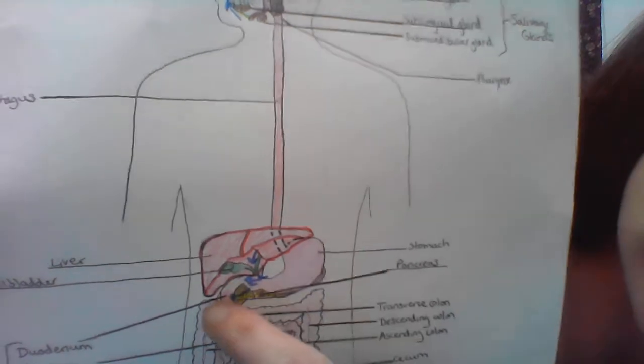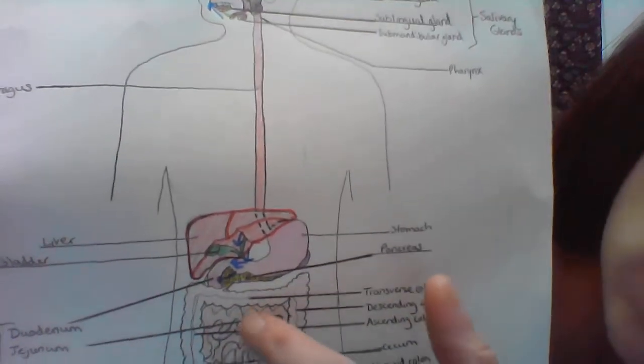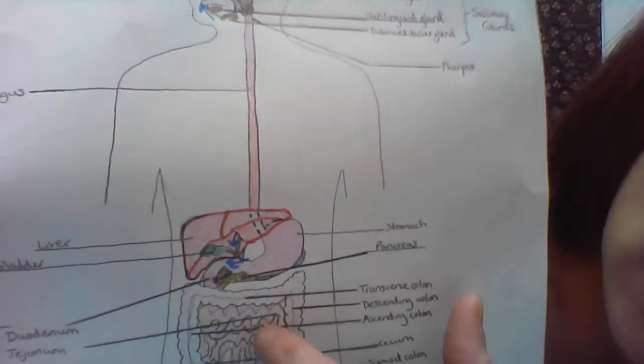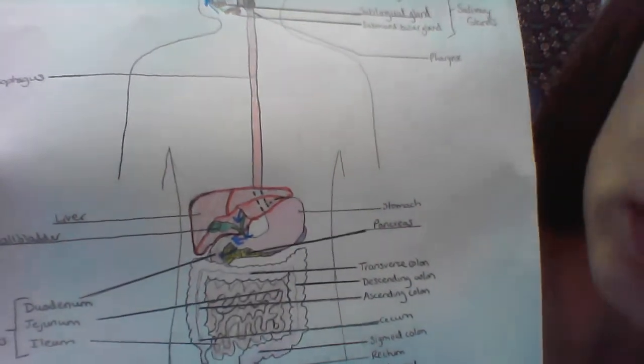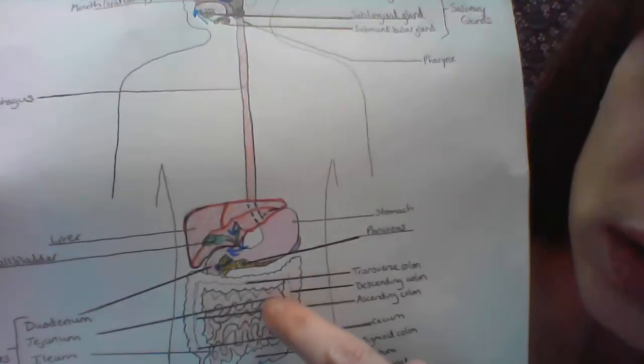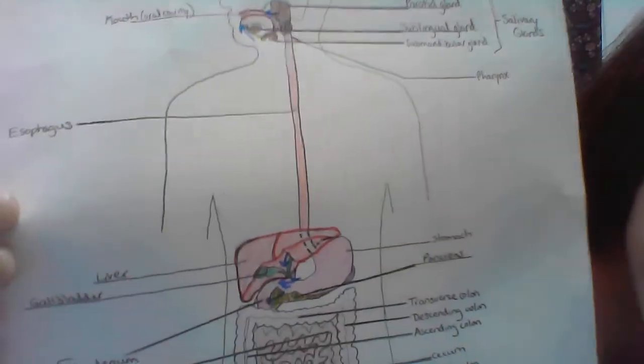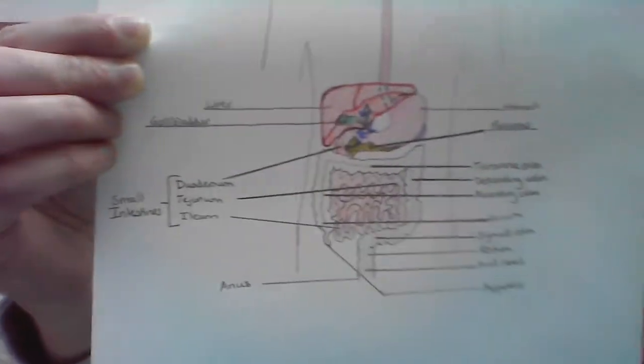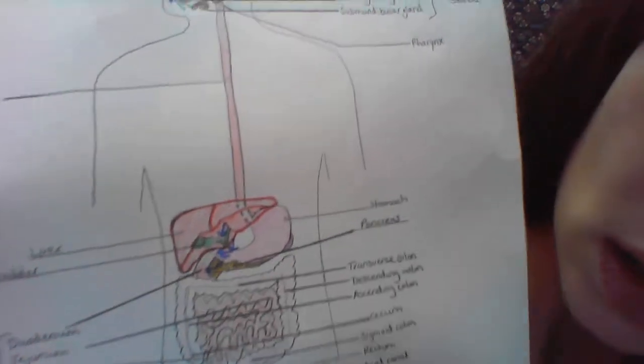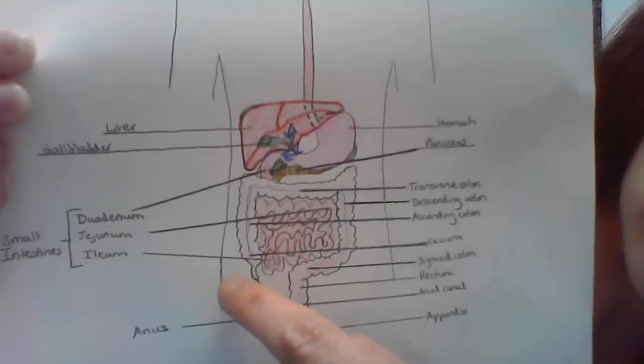So the first part of the small intestines is the duodenum, which then becomes the jejunum, which then becomes the ileum. Those are the 3 parts of the small intestines. Then we enter the large intestines.